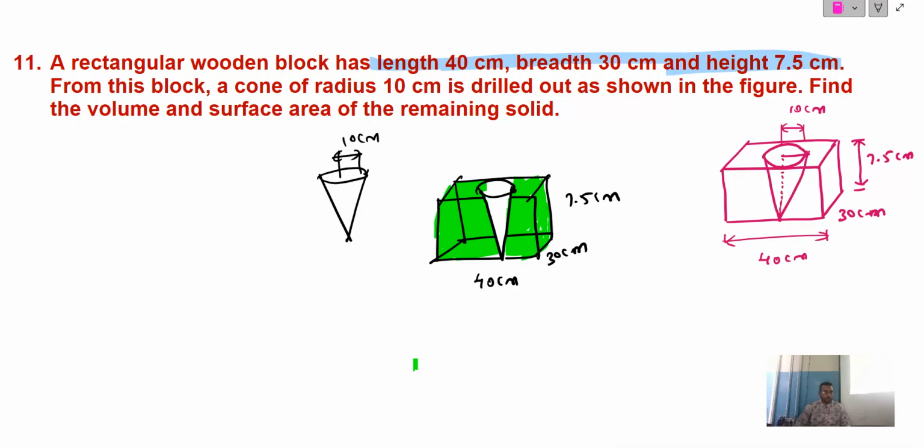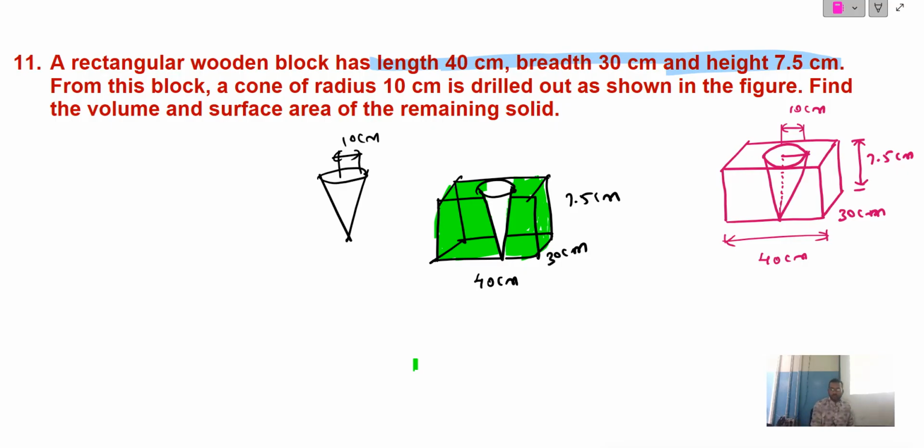We know the formula for the volume of cuboid, that is L into B into H, minus volume of cone, which is 1 by 3 pi r square H. These are completely different, isn't it? We can't take anything as a common factor here. All the dimensions are different. So what is the length here? 40. Width is 30.